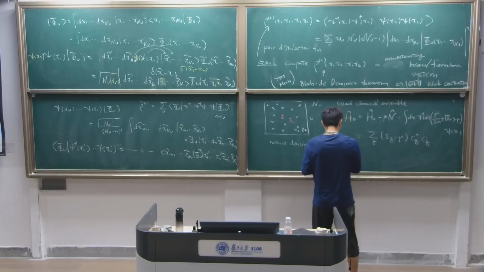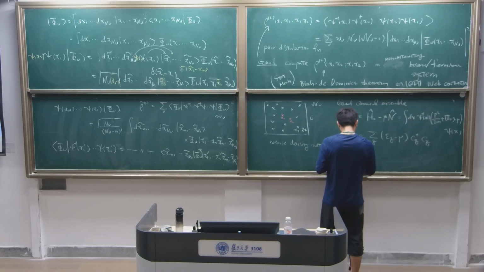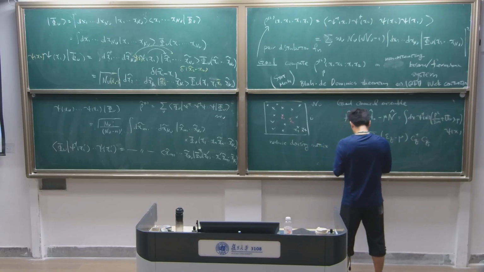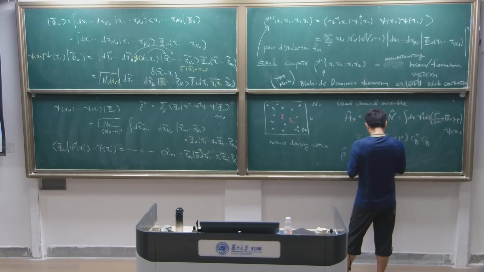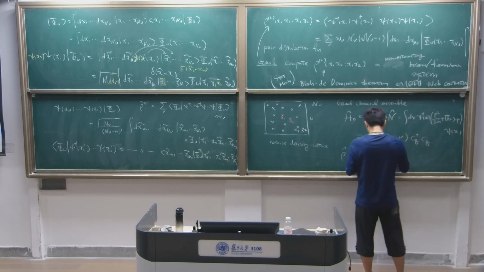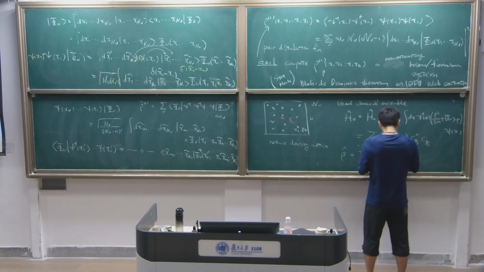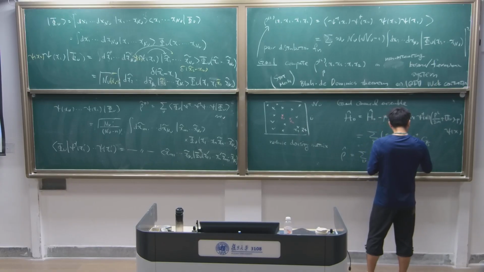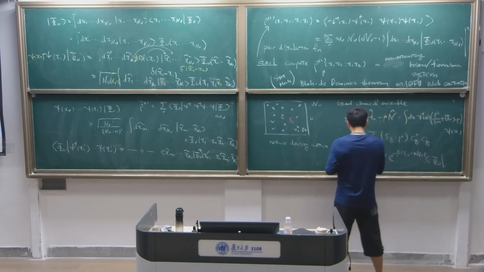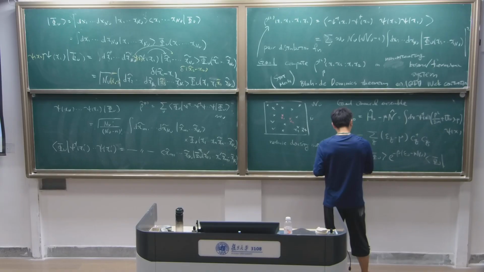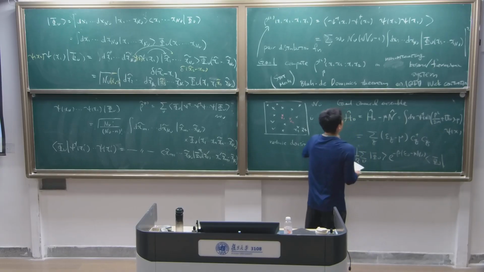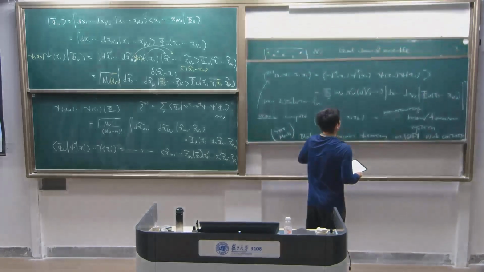And then rho hat is the sum over nu, and then e to the minus beta, epsilon nu minus mu, and then one over the partition function.